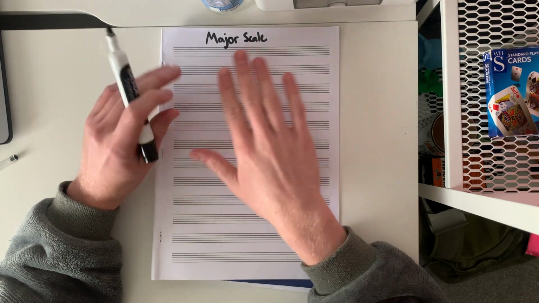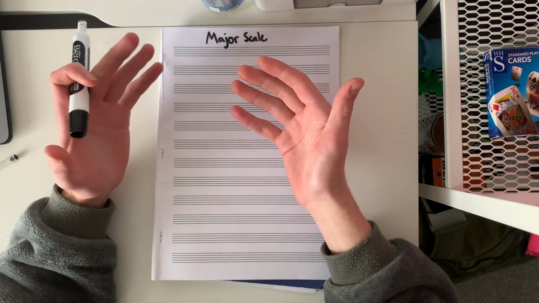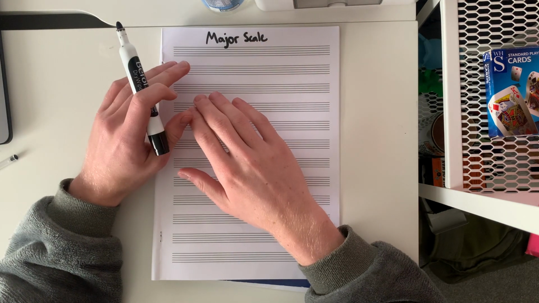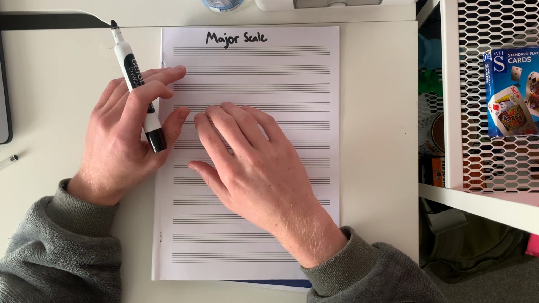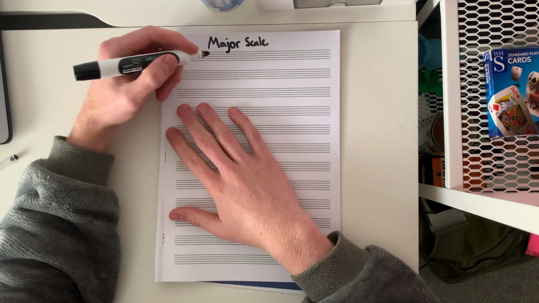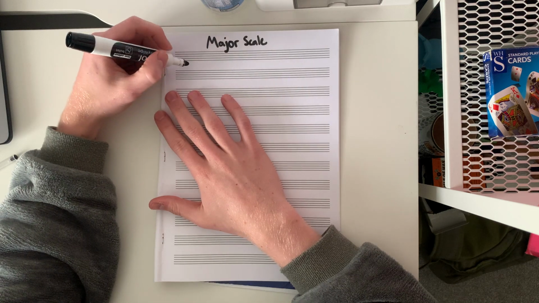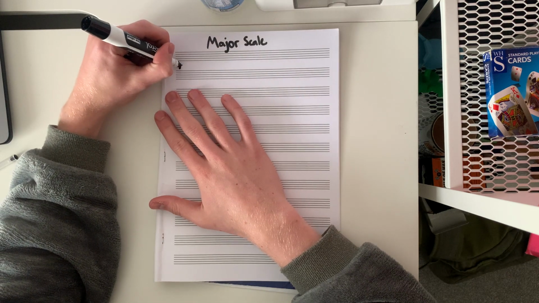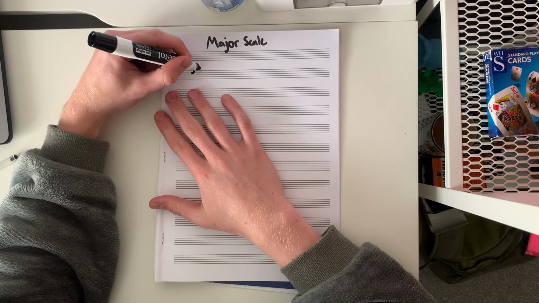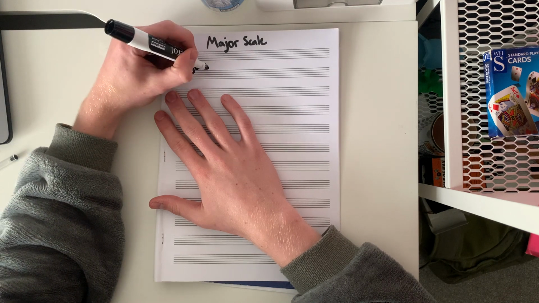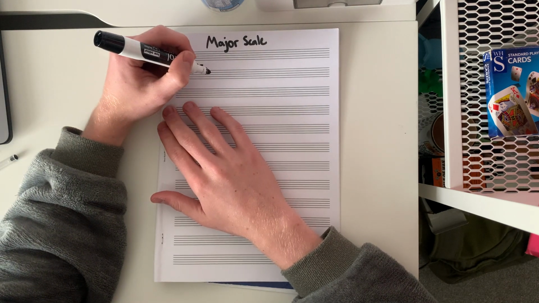So, first things first, what is major? When we talk about moods and tonality in music, we have three different things. We've got major, minor, and atonal.